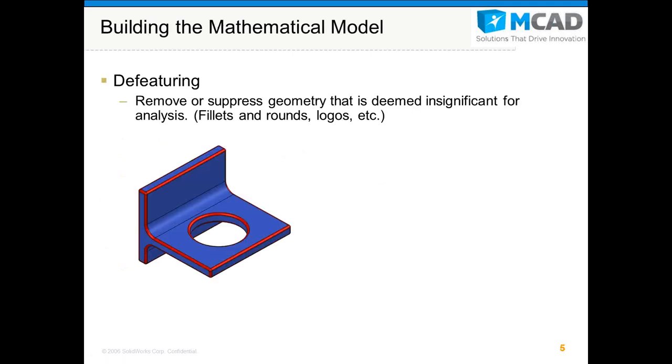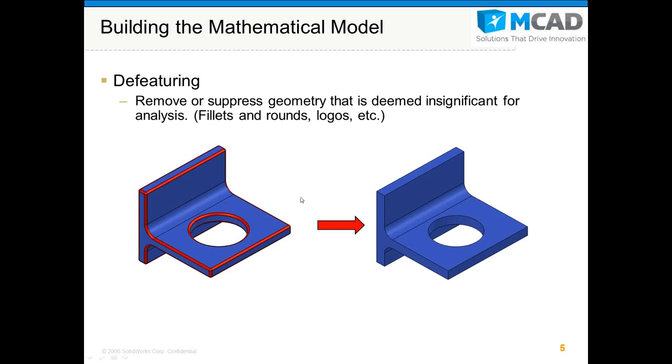So the first thing is building the mathematical model. Whenever you start with a part, it may have too many features, maybe logos, fillets, chamfers, things like that, that are not really pertinent to the analysis. And here you can see I've highlighted those fillets in red. We may not need those when it comes to time to run the analysis.